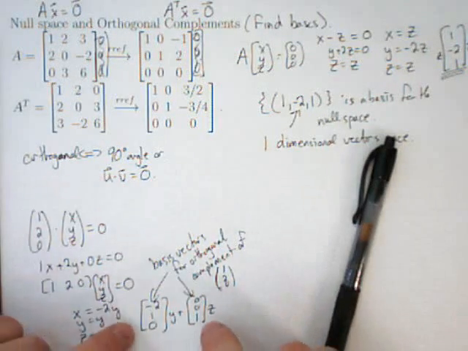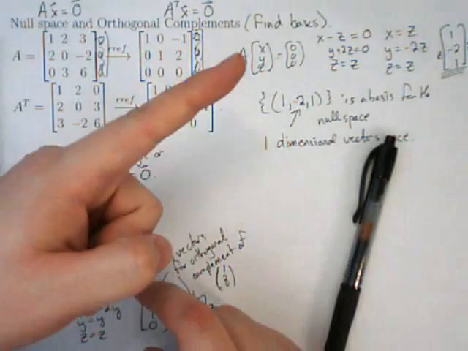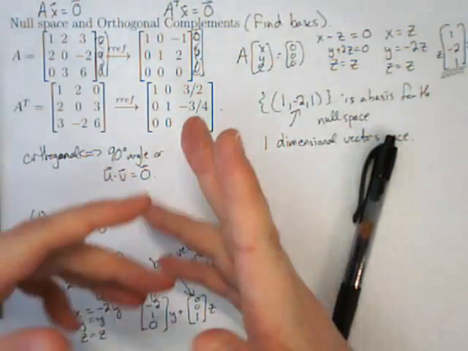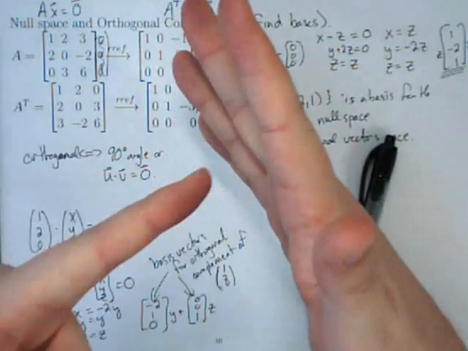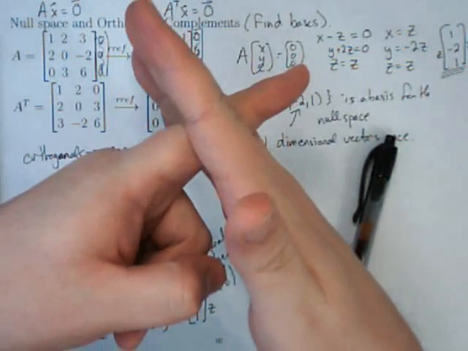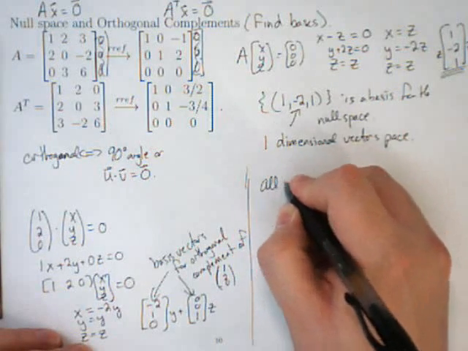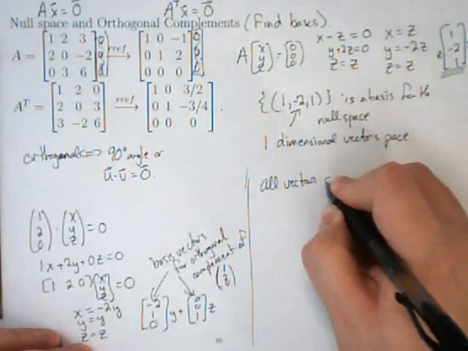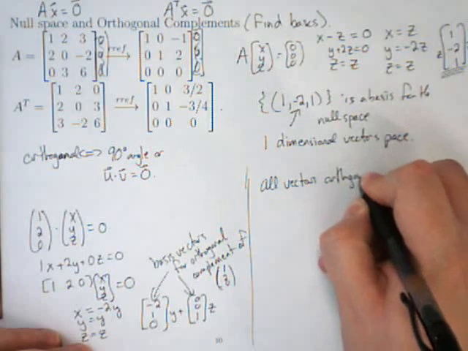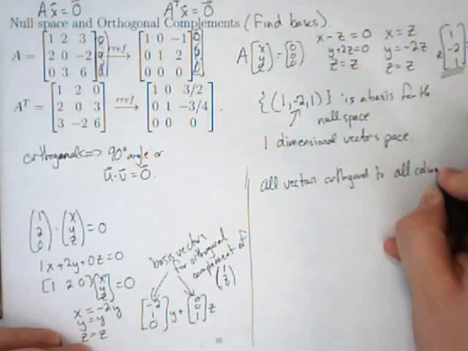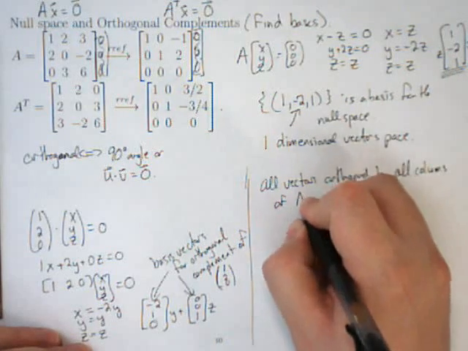If I start with a line, I've now produced a plane. The span of these two vectors is a plane, so I've started with a line and produced the plane orthogonal to it. Now what if I want all vectors orthogonal to all columns of A?